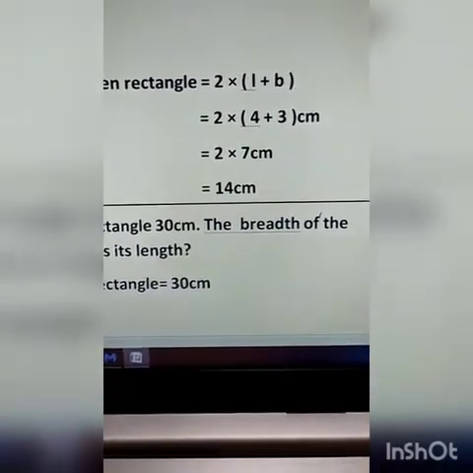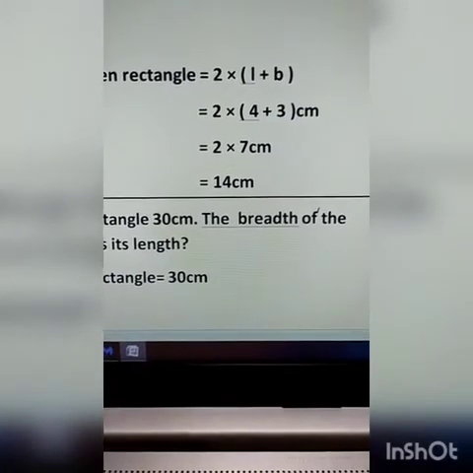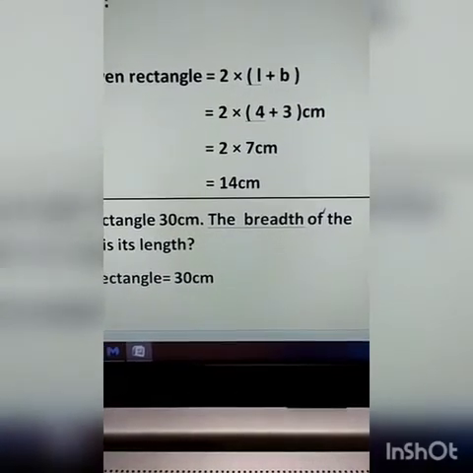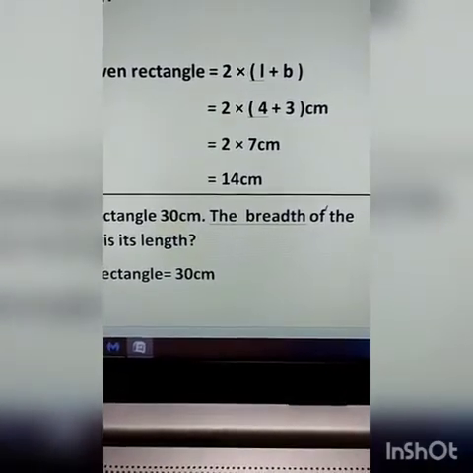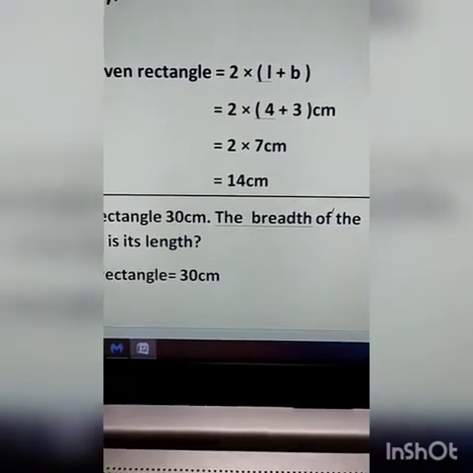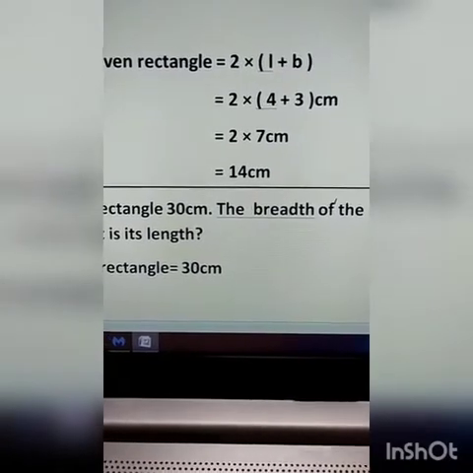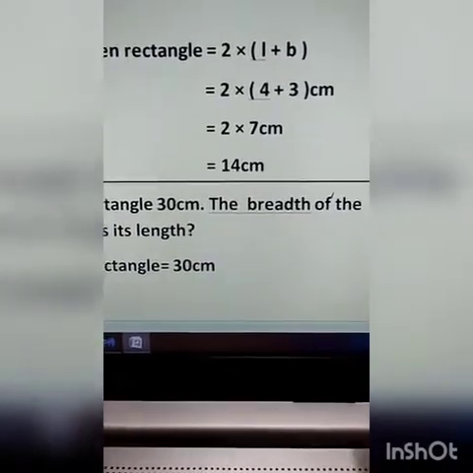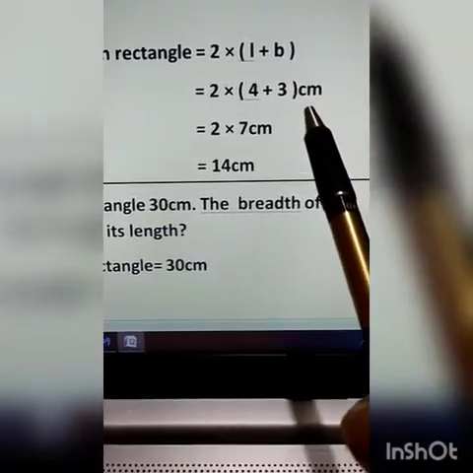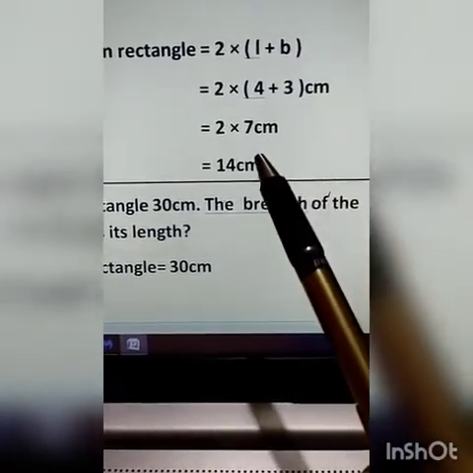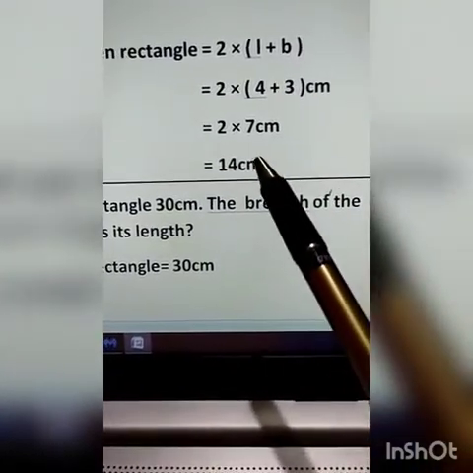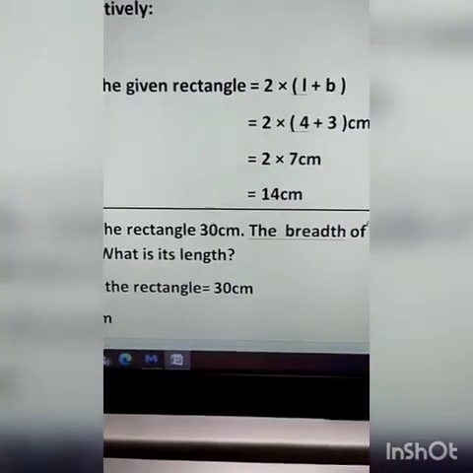I already told you last day, unit of perimeter is very important. Always you will mention the unit of the perimeter. Whatever unit is given of the side, that unit you need to mention there. Here 4 centimeter and 3 centimeter was given. So unit of perimeter is here centimeter. So 14 centimeter.